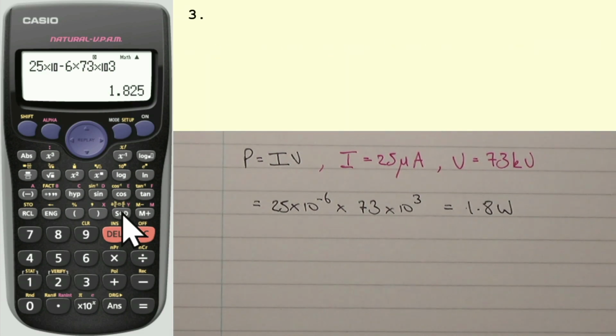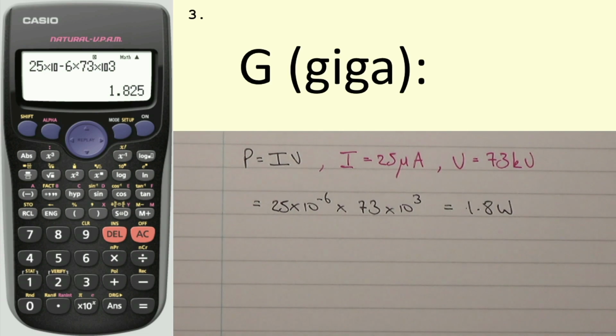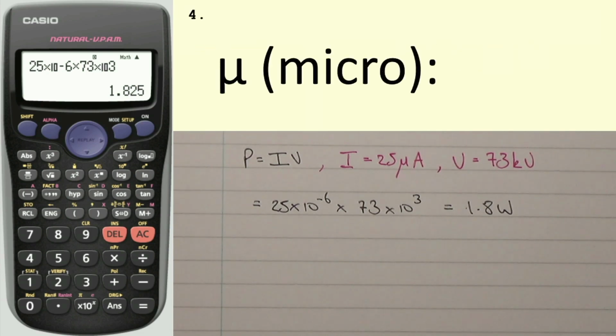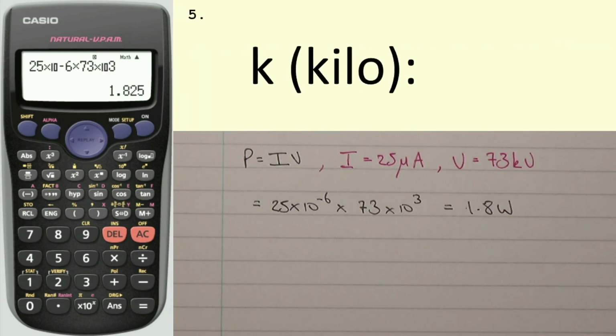The third one is giga, one of the larger ones, remember, which is times 10 to the power of 9. Number 4, micro, times 10 to the power of negative 6. Number 5, we've got kilo, and we've spoken about the fact that, of course, mass should be kept in kilograms.